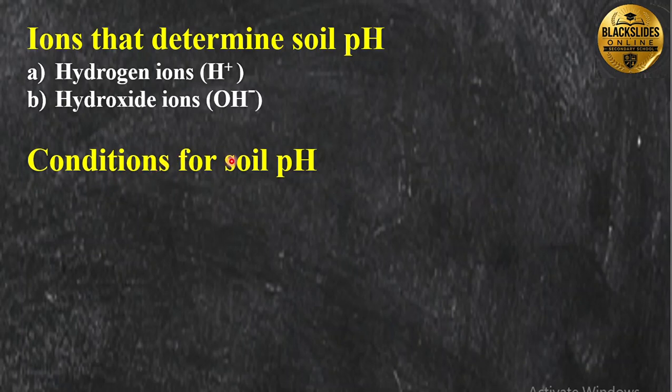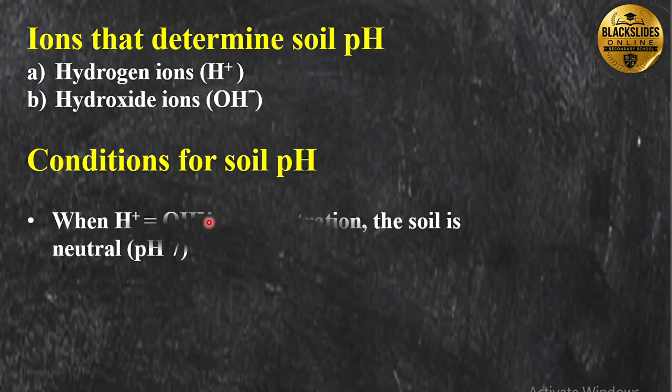Let's look at some conditions relating to soil pH. In a given soil sample, the number of hydrogen ions can be equal to the number of hydroxide ions.